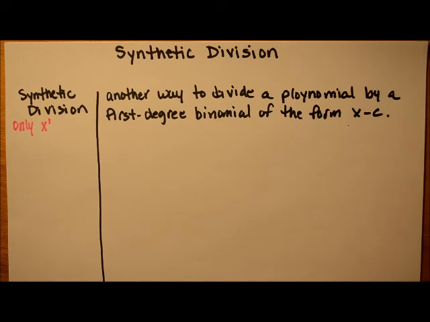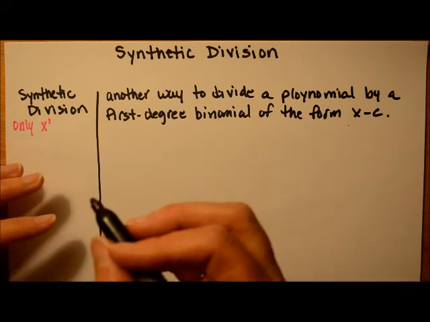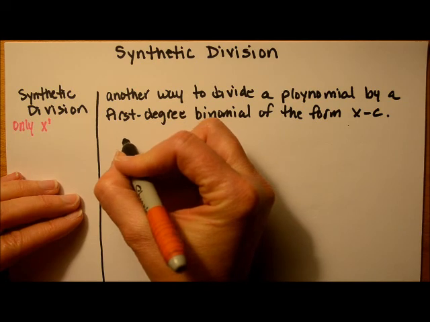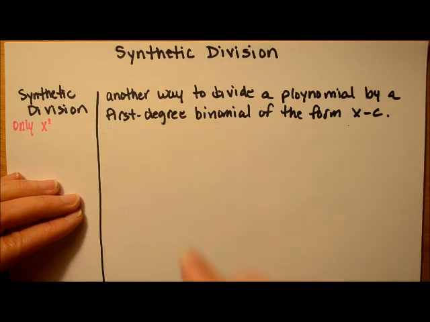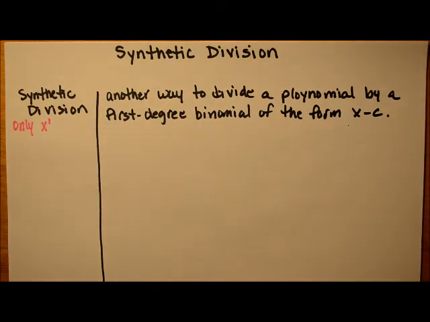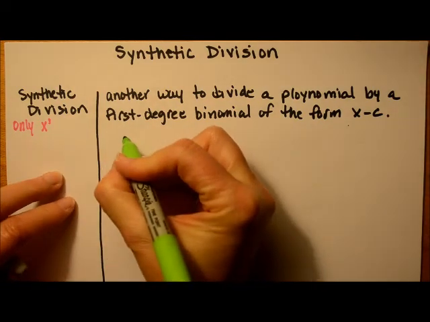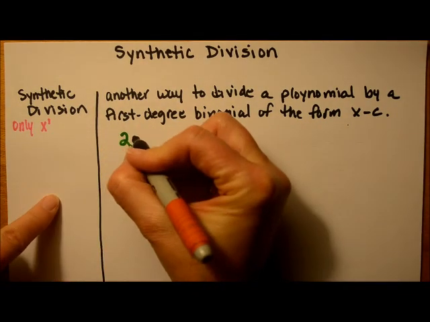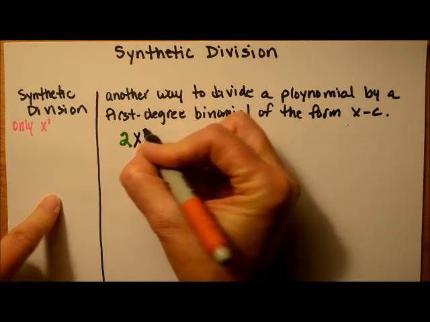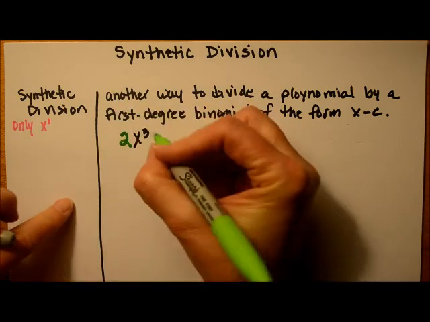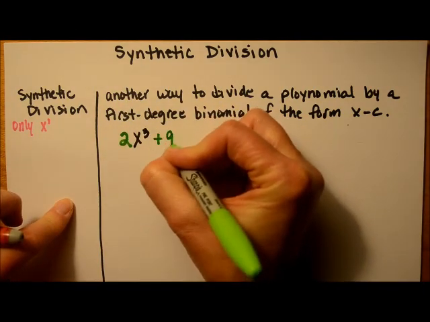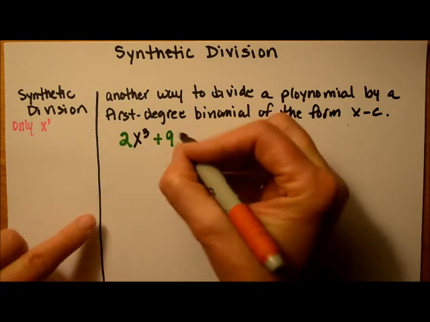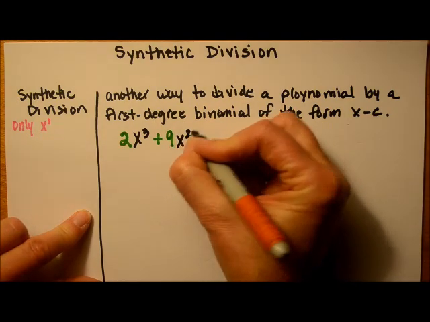Again, stick with me. A little weird, but I'll try to use a lot of color here so you understand what's going on. So here's your first one, and I have 2x cubed. Now I'm using color so you can see what I'm grabbing. It makes it a little easier to see.